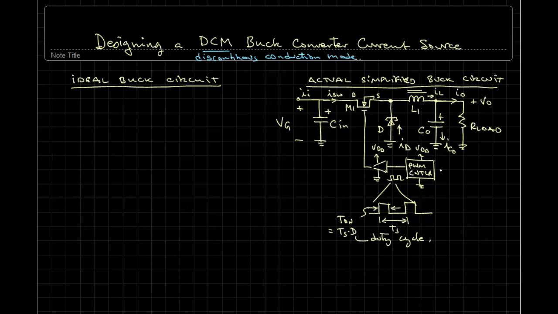And the input to this PWM controller would typically include VO and then some V reference. And there might be, depending on the type of controller, information about IL or I switch or even I diode.